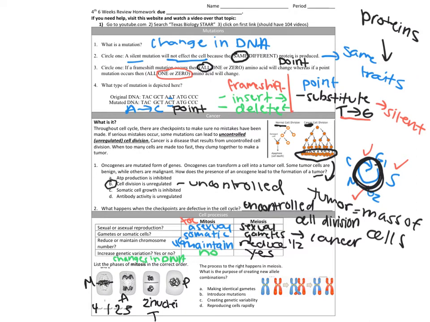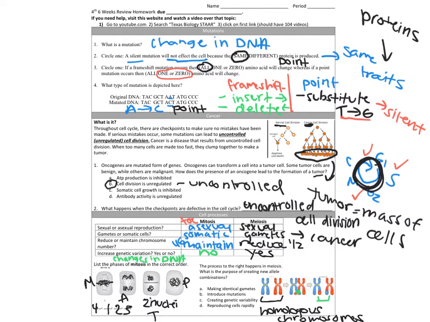Next, the process to the right happens in meiosis. What is the process of creating new allele combinations? So I know, these are called homologous chromosomes. Two chromosomes, same size and shape, one from mom, one from dad. In meiosis, they buddy up and they get so close that right here they're going to cross over and exchange some DNA.